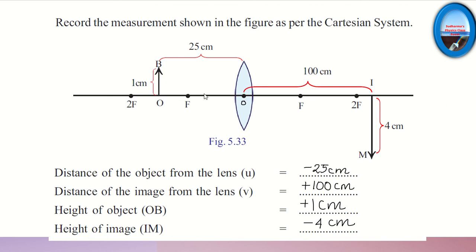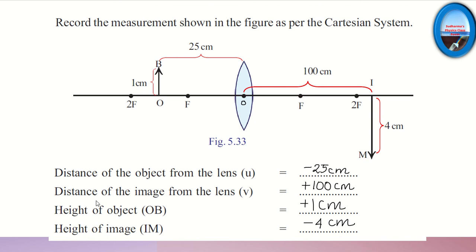Once again, since the object distance is taken towards the left side, I have given minus 25, and there need not be any confusion. According to the Cartesian sign convention, no matter whether it is a mirror or a lens, the object distance you can confidently write with a negative sign.